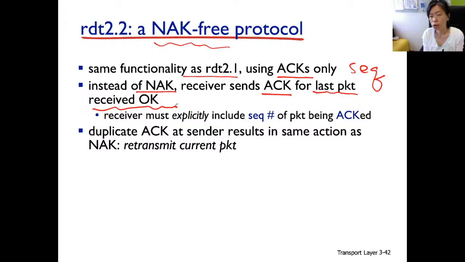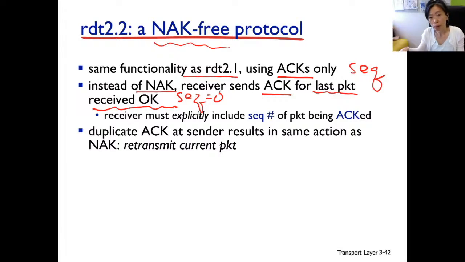So the receiver starts from waiting for call from below 0. If packet 0 is received okay, the receiver sends acknowledgement for packet 0, because packet 0 was received okay. The last packet received okay has sequence number equals 0. Now, go to wait for call from below, packet 1.